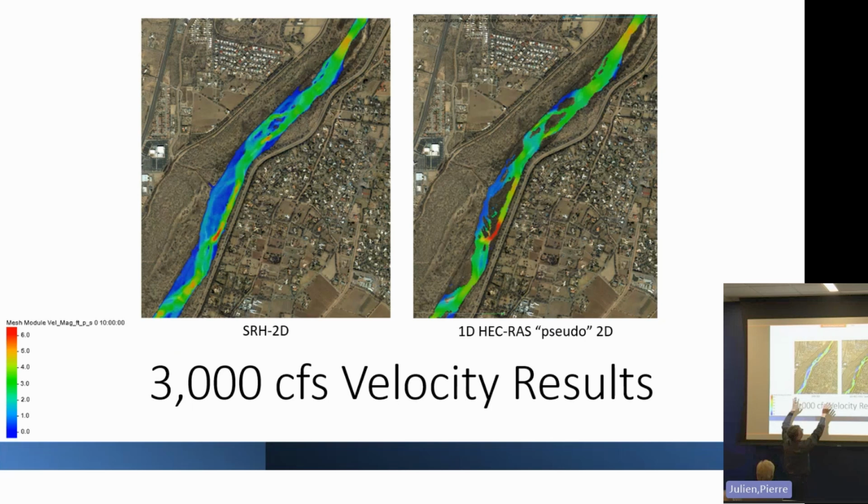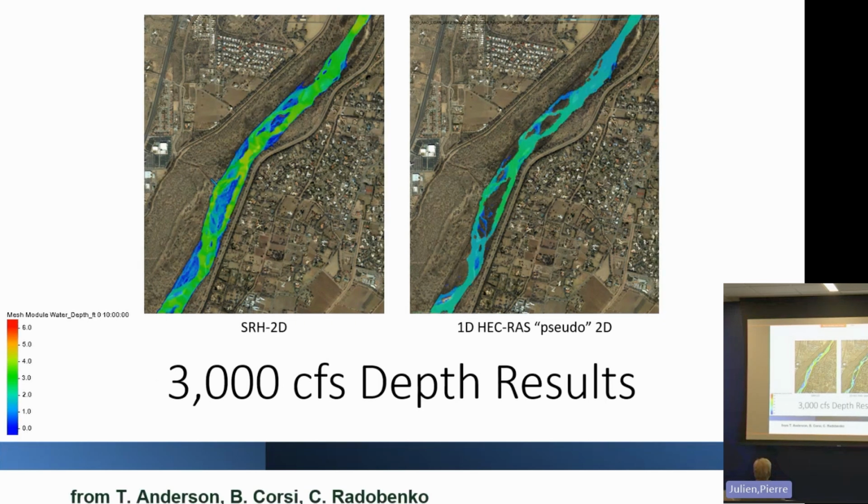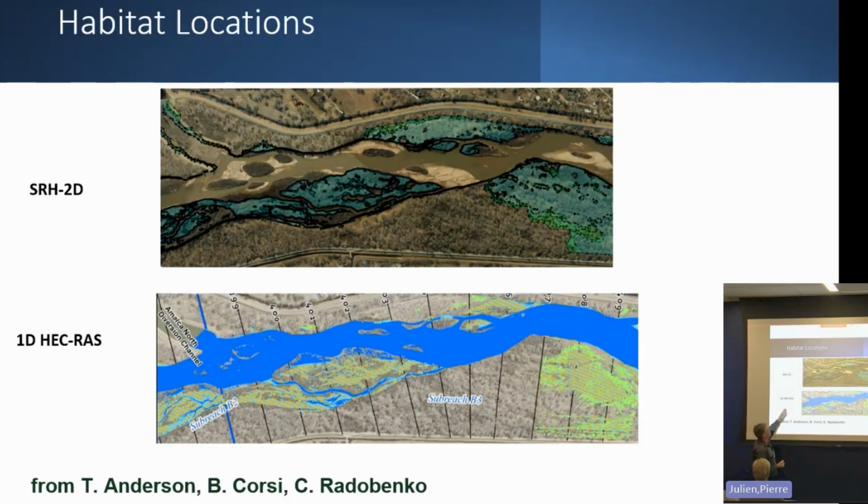You see slight differences, but they are not very significant, other than whether you have some mid-channel bars or not. And then if you look at the flow depth, you're going to get fairly comparable results. We can compare, let's say, the HEC-RAS 1D, that's what Chelsea did, with the 2D, and more or less you see good habitat there on the other side of the river, and between those mid-channel bars in this area.